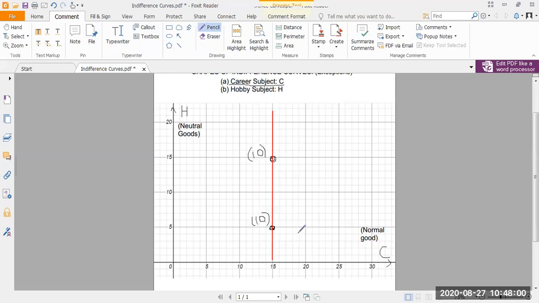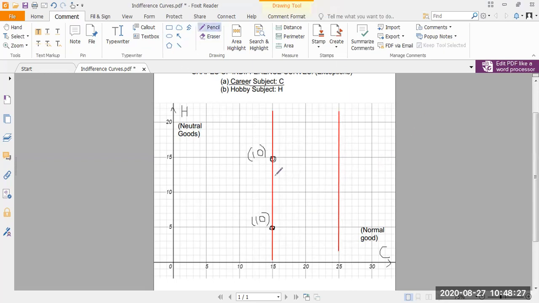Another point that you need to notice is, since C is a normal good, this normal good C satisfies the non-satiety property. So if I keep on increasing the amount of normal good here, career subject, that is the marks obtained in my career subject, I will move to a higher indifference curve. So let's say the next day I study a little harder and I get 25 out of 30 in economics.